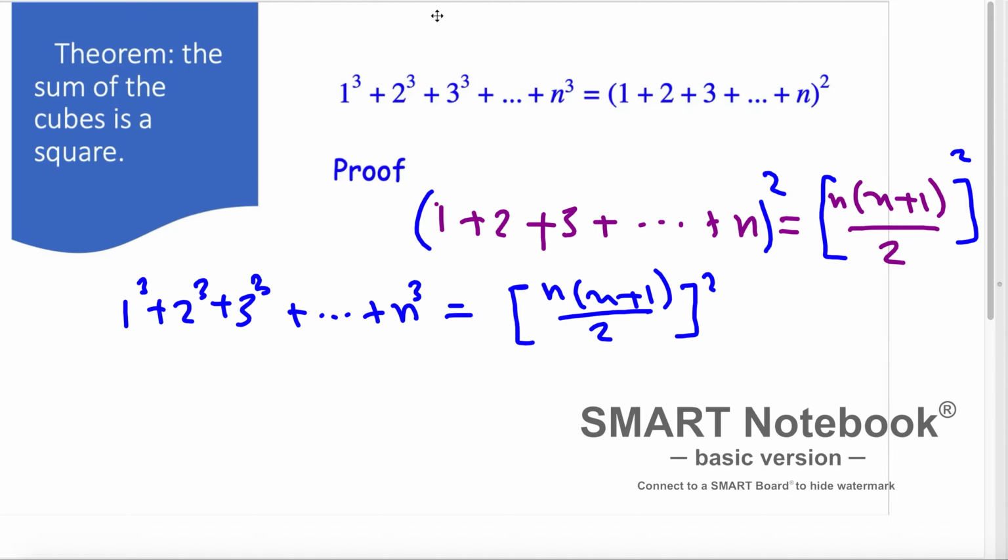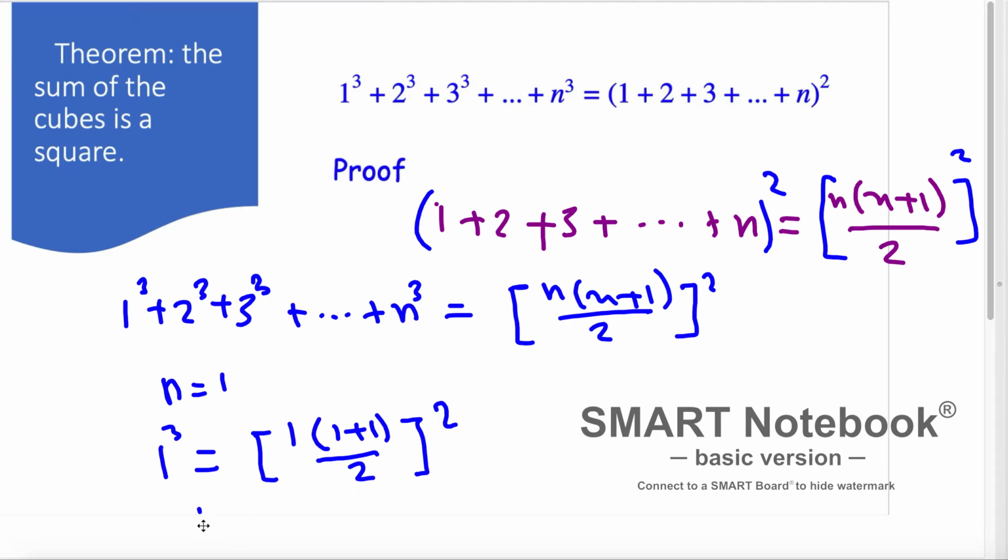So first of all, let's take n equal to 1 and see whether this equation holds. If we take n equal to 1, the left side is 1. And in the right side, I'm plugging in n equal to 1: whatever I see, I'm plugging in 1. 1 plus 1, everything divided by 2, is squared, but the left side is a cube. 1 cubed is going to be equal.